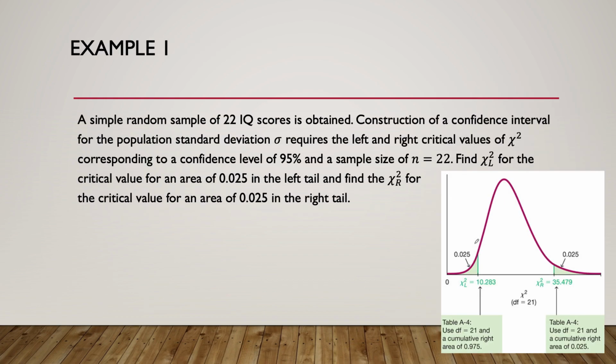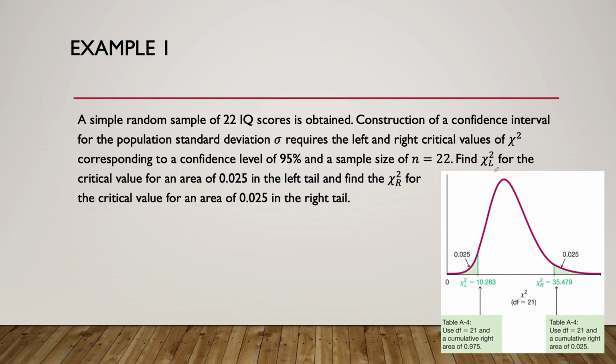So, for example, a simple random sample of 22 IQ scores is obtained. Construction of a confidence interval for the population standard deviation sigma requires the left and right critical values of chi-squared, corresponding to a confidence level of 95% and a sample size of 22.